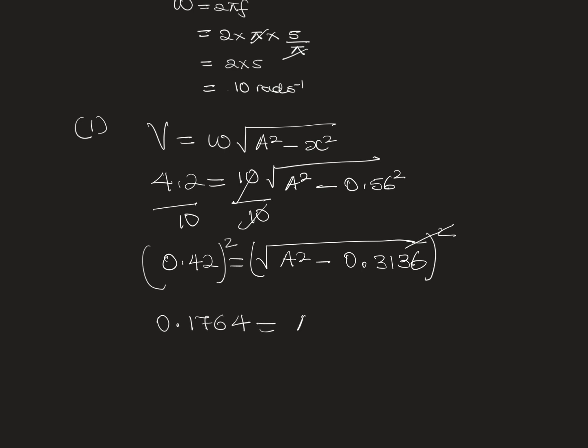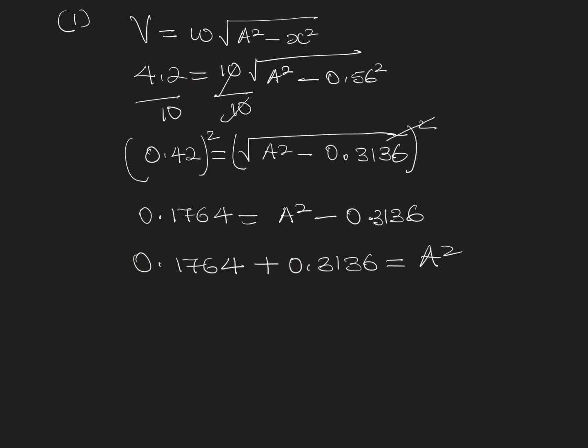This is equal to a squared minus 0.3136. So I can collect like terms. I can send 0.3136 to the left side of the equation. That will be 0.1764 plus 0.3136 is equal to a squared.